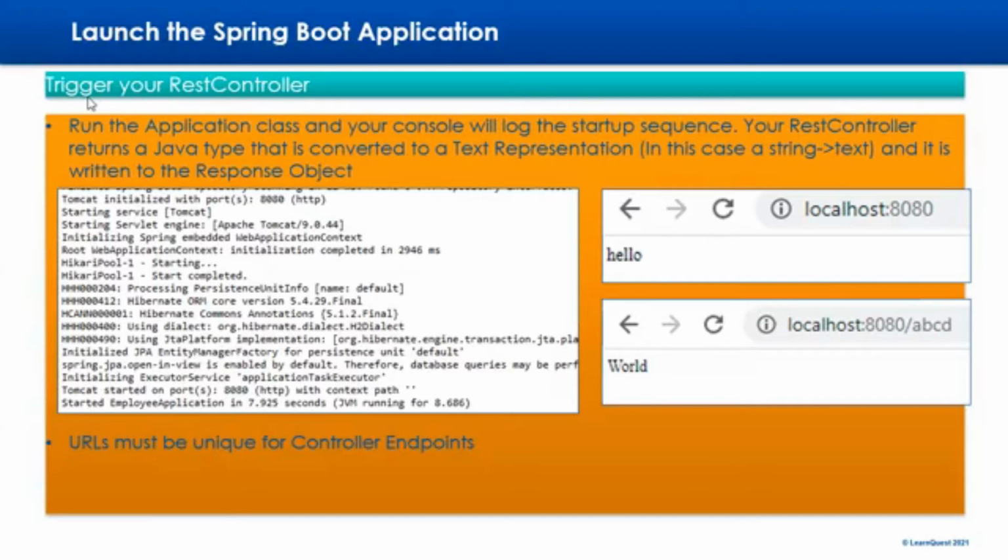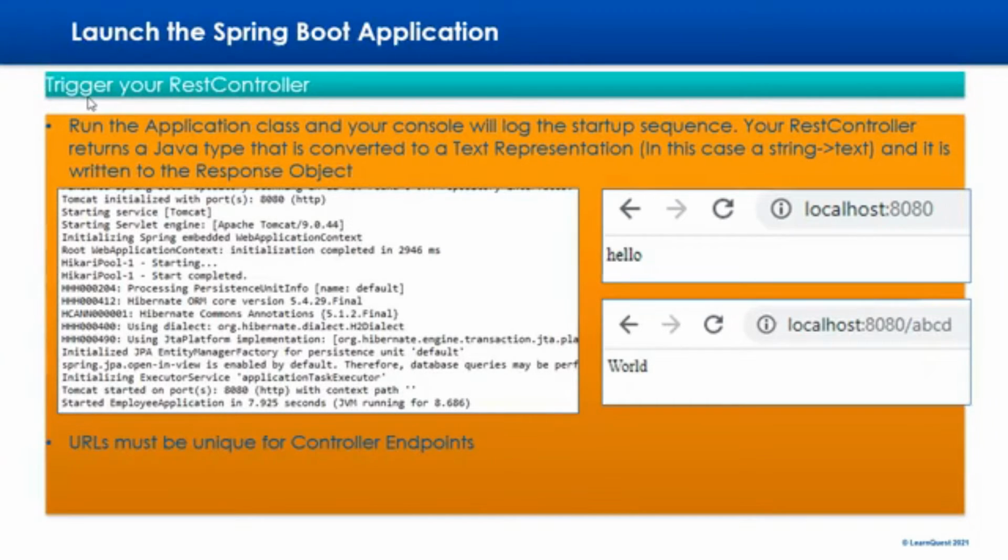If we start up our Spring Boot application, you will see the log as we've got here, and we will see the Tomcat server starting, and it will say, as you see down the bottom, Tomcat started on port 8080 with a context path of nothing. So that's a context root of a web application, like a qualifier, if you like.